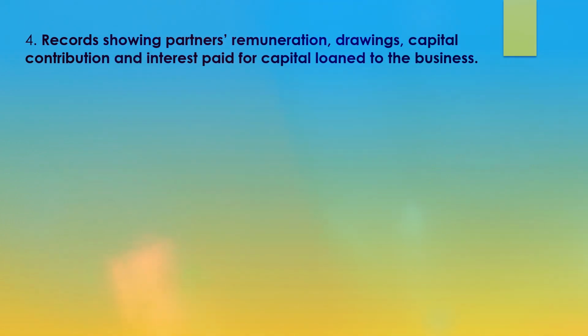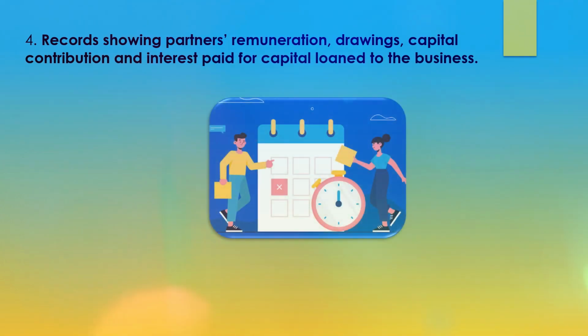Number 4, there are some records showing partner remuneration, partner drawing, partner capital contribution and interest paid for capital loan to the business. Okay, so when you find these 4 characteristics, they may show that the partners are doing a partnership.